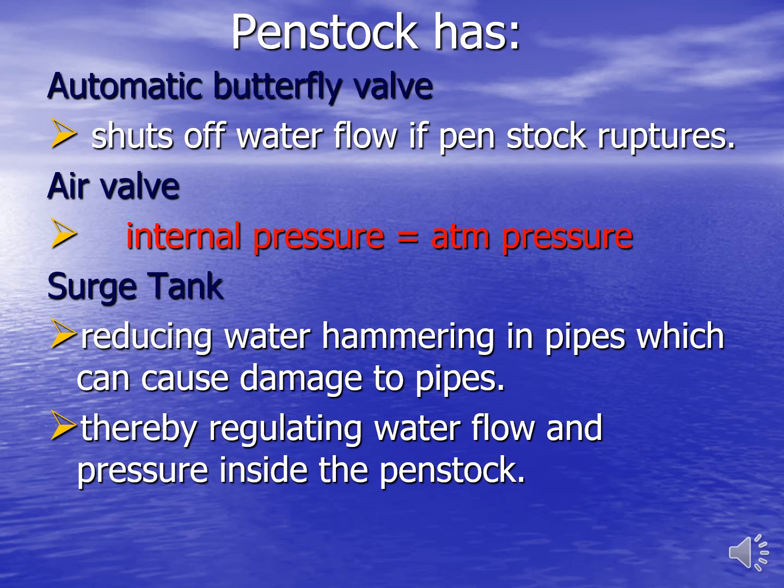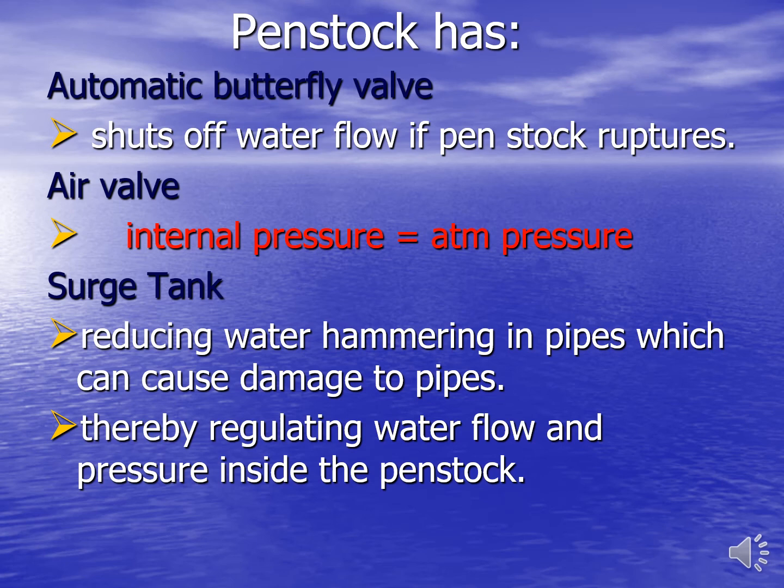Surge tank is one type of tank provided in the penstock, right? So what is the use of the surge tank? Reducing water hammering. If you suddenly stop, there are chances of backwater, and because of that backwater there are chances of water hammering in the pipes, and damage to the pipes, right?